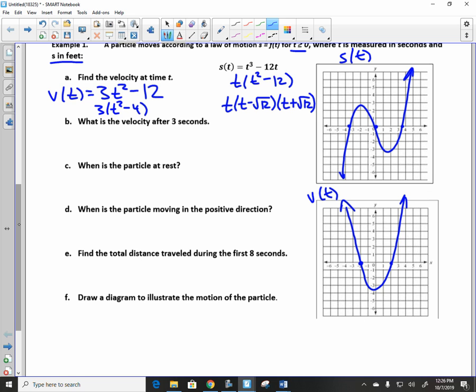Did I not just ask the same question? Up here I said, true or false, the velocity at time 1 is positive, and you said false, correct? So you said the slope is negative. I'm saying the same thing right now. True or false, the velocity at time 1 is negative.